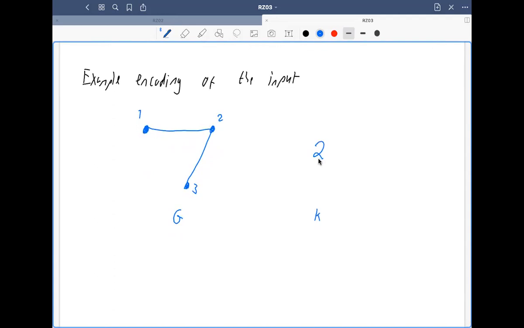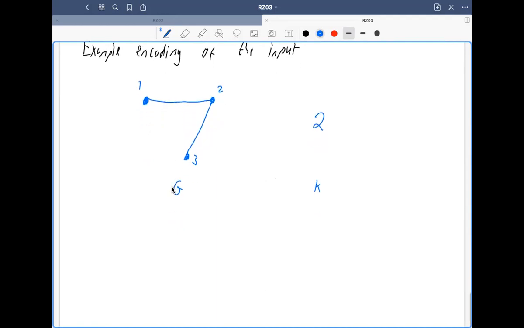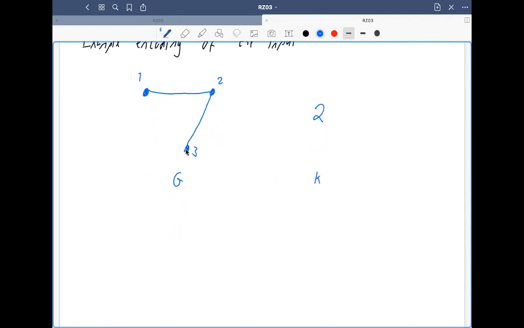Yes. Very good. What is it? 1 and 3. Indeed. 1 and 3 is an independent set of size 2 because there are no edges between any two elements of 1 and 3.